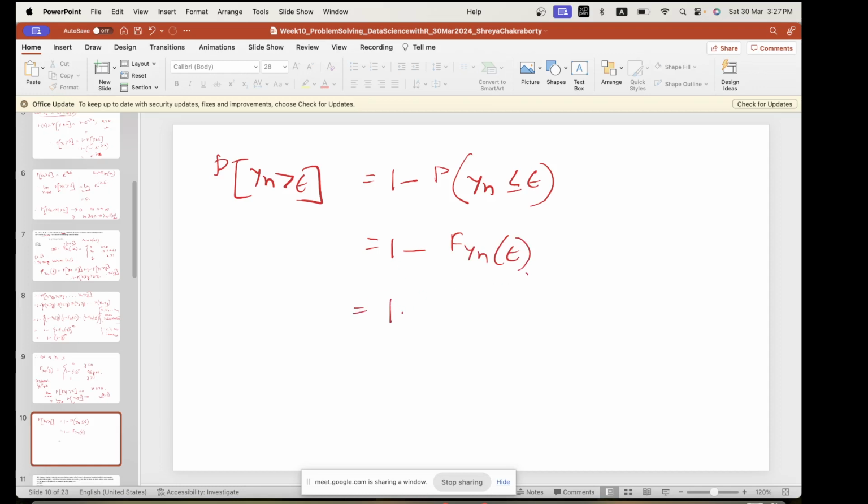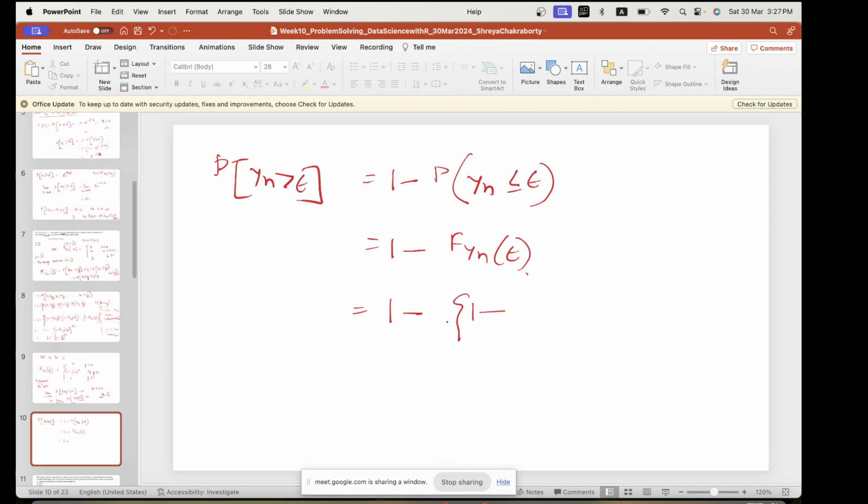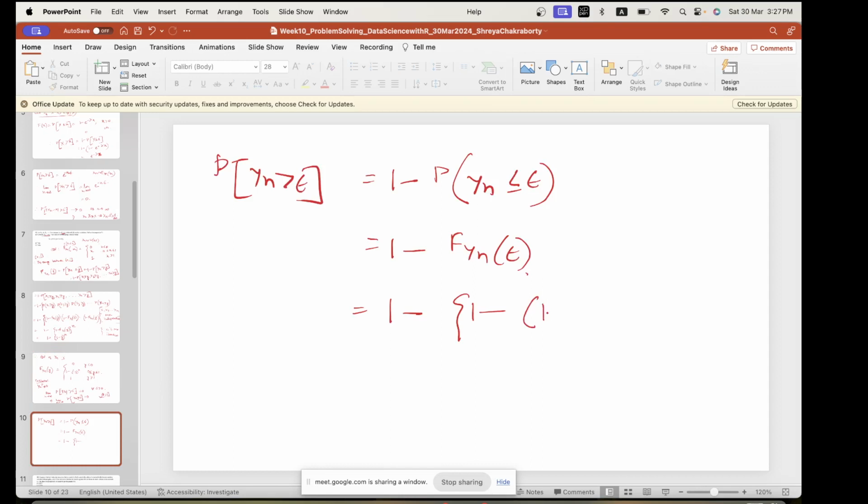This means what? 1 minus F of yn epsilon is how much? 1 minus y to the power n, 1 minus epsilon to the power n. So this is (1 minus epsilon) whole to the power n.